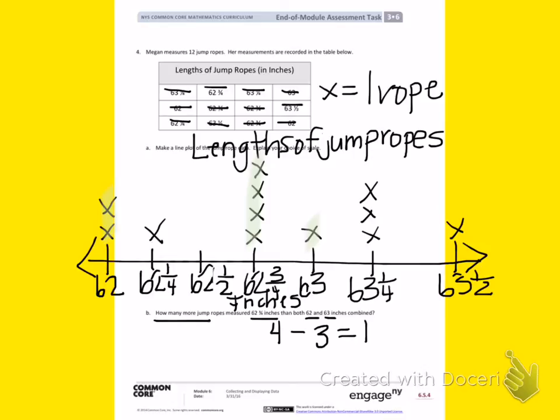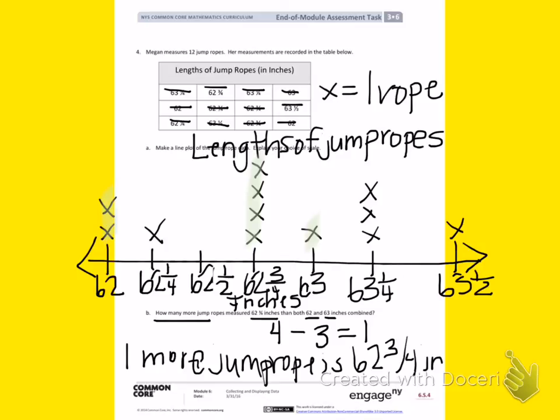So I can say 1 jump rope is, actually, we should say that in a different way. 1 more jump rope is 62 and 3/4 inches.